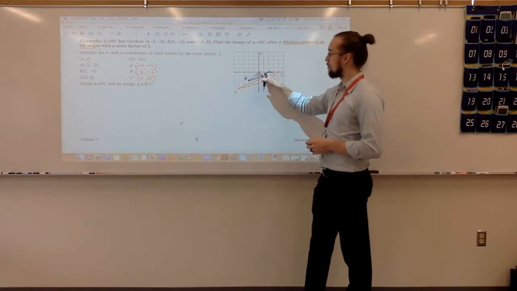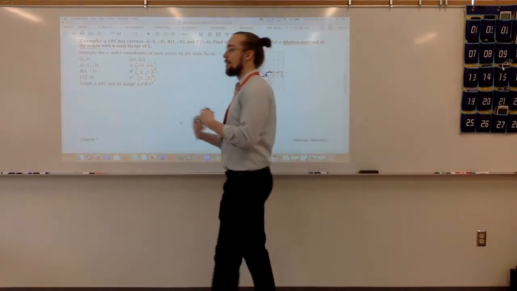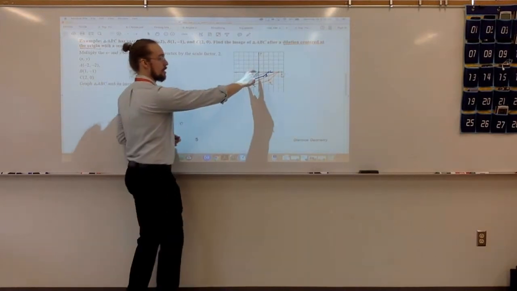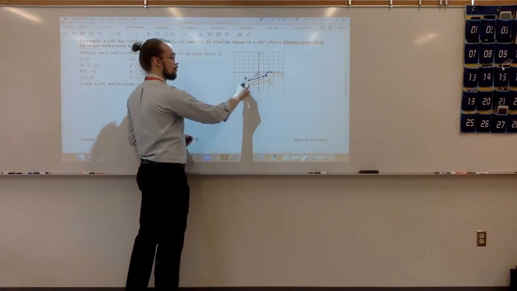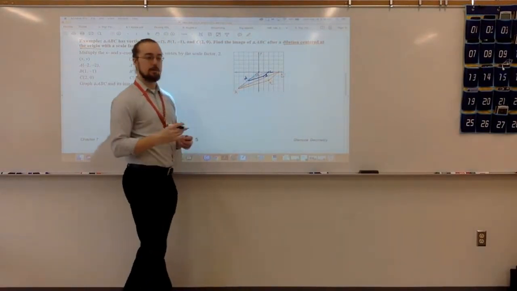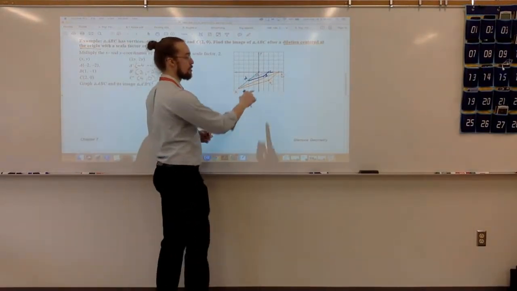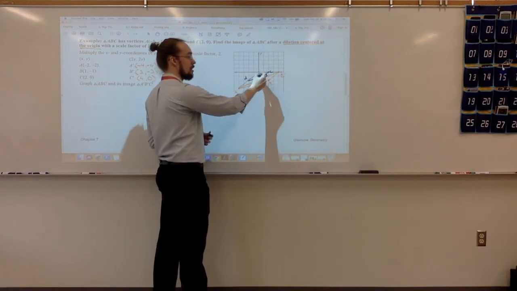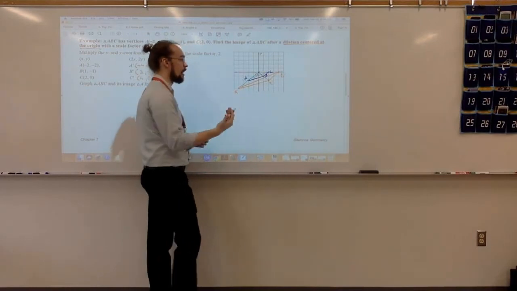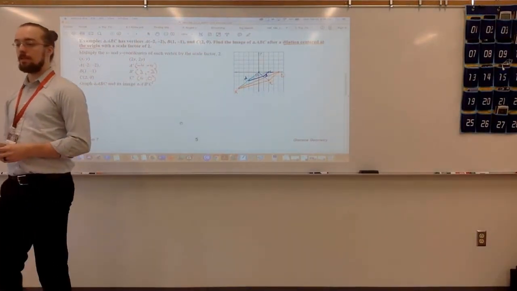So if I draw a line from there to A, and then I just double the length of that line along that same path, that's going to get me to A prime. I can do the same thing for each point, and I can do that for B. Draw a line from the center of dilation to B, and then double the length of that line, and I would get to B prime, right?